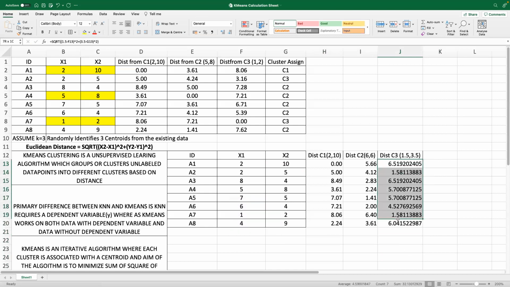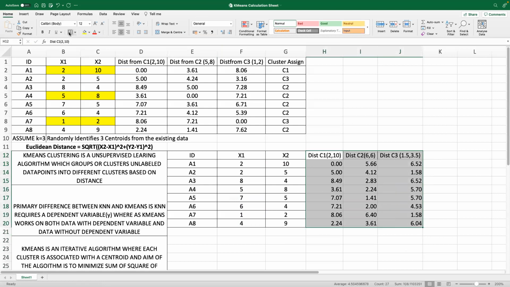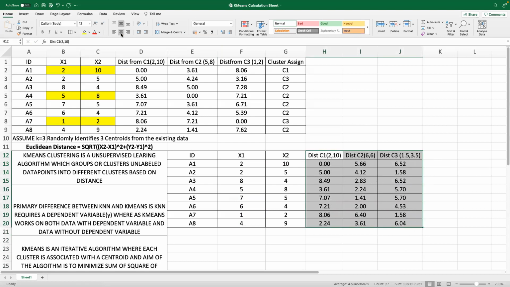Now I'll make this 2 decimal, all borders and center it down. So new centroids for C2 and C3. C1 remained the same, 6 and 6. This is averages. And then we will do the cluster assignment.